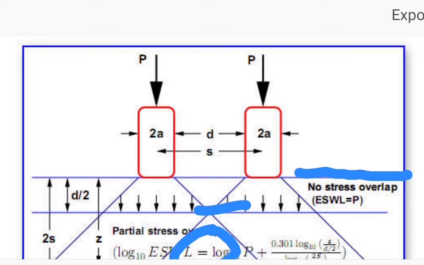So this equivalent single wheel load may be determined based on either equivalent deflection or equivalent stress criteria, where multiple wheel loads are converted to an equivalent single wheel load, and this value is used in pavement design. Now we'll see the graphical solution.